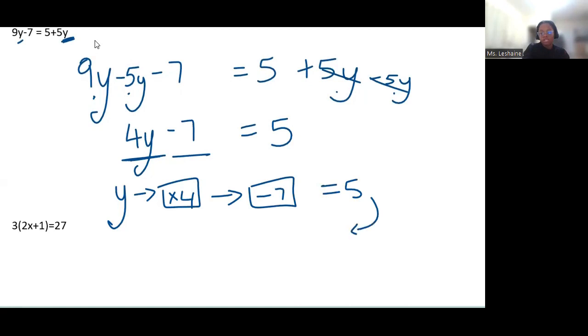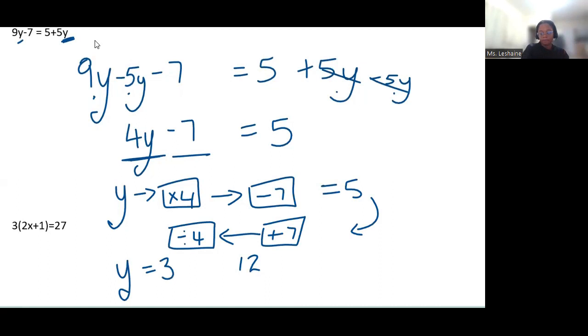Now, what is the opposite of subtracting 7? That is adding 7. So 5 plus 7 is equal to 12. What is the opposite of multiplying by 4? That's dividing by 4. 12 divided by 4 means y is equal to 3.